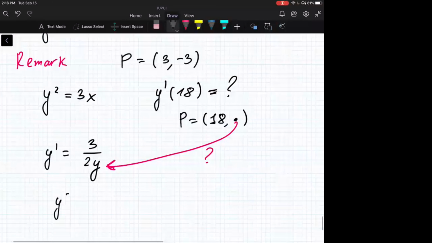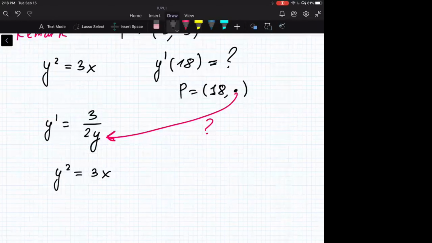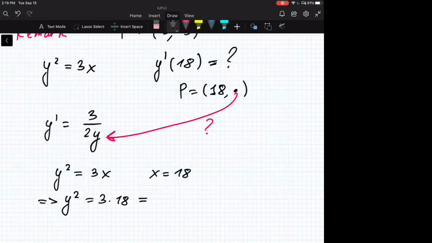So we have y squared is equal to 3x, and how to find the y coordinate if x equals 18? So we get that y squared is equal to 3 times 18, which is 54.